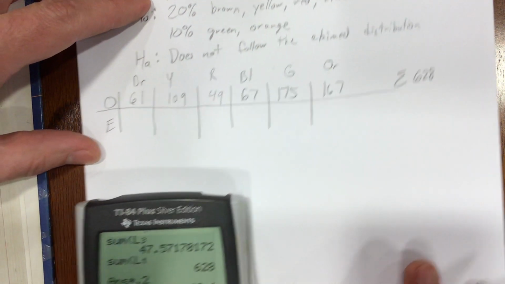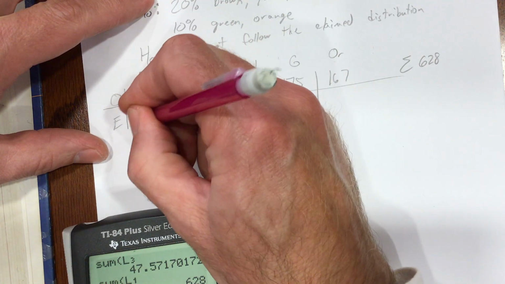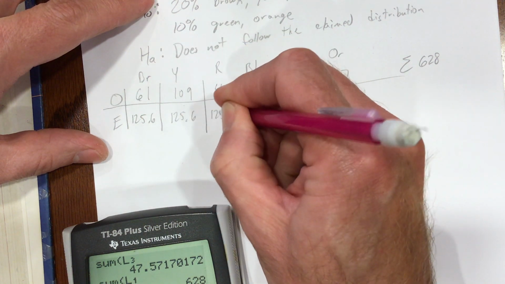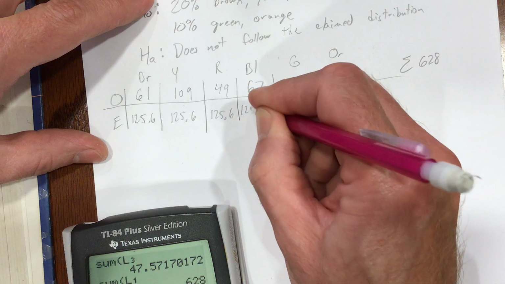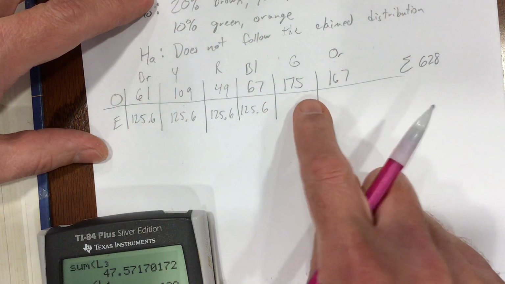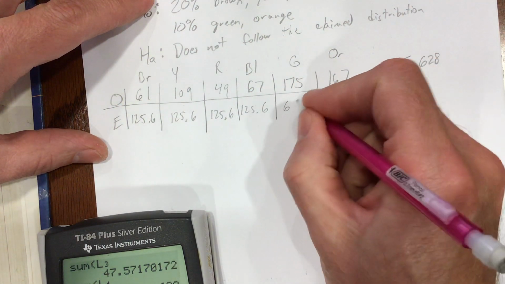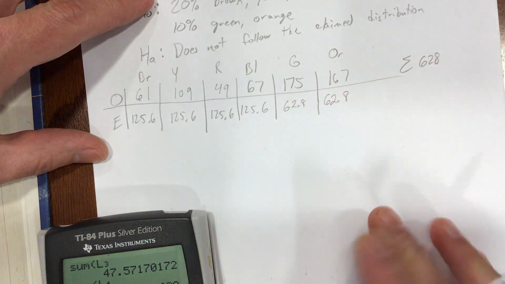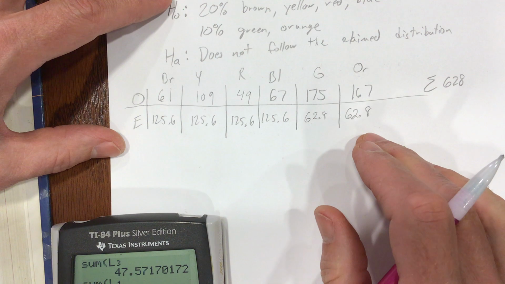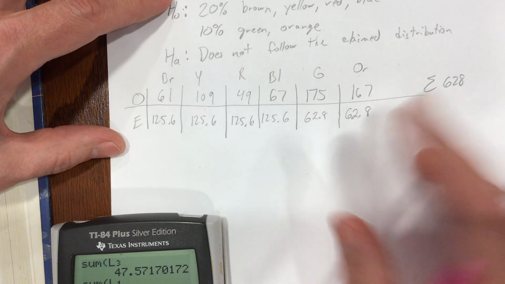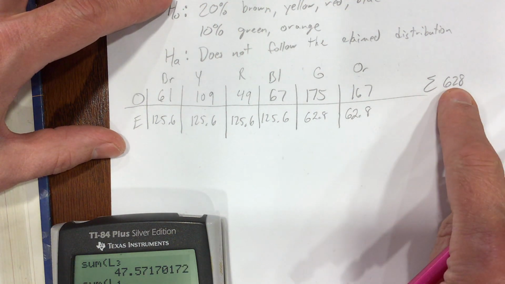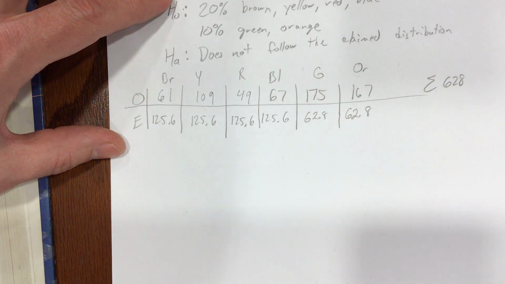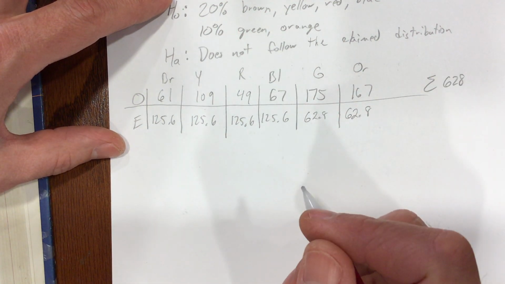So that's 125.6. Okay, and then these are supposed to be 10%. Okay, so that's how you handle a non-uniform claimed distribution, right? Just work it out, find your total, and the expected counts can be fractional. That's okay. Observed counts can't, but expected counts can.